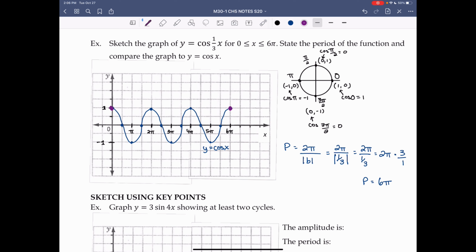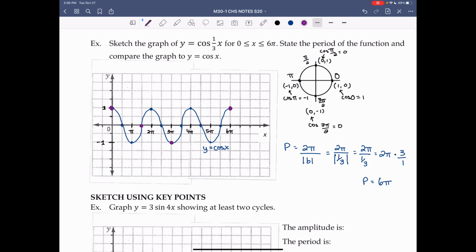Okay, so halfway between 0 and 6 pi is 3 pi. At 0 and at 6 pi, we're at +1, so at 3 pi, we need to be at -1. Then halfway between 0 and 3 pi would be 1.5 pi, and there we need to be at 0, halfway between -1 and 1.